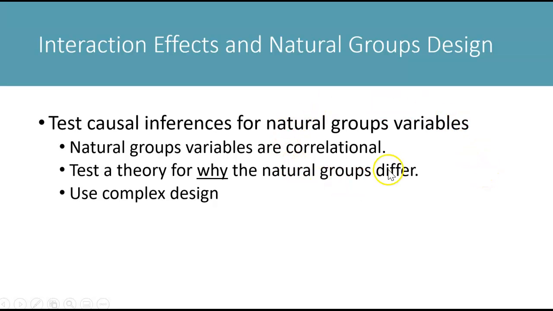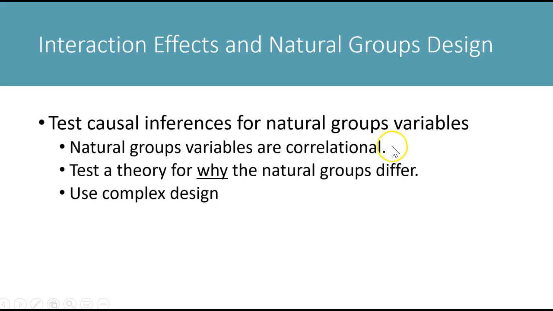Now, your authors use this word, and I want you to be careful when you're thinking about it. Natural groups variables are described as correlational in your text, but they're not using the word correlational in the sense of the statistic, the correlation coefficient. They're using it to suggest that, given that you are not randomly assigning people to these naturally occurring groups, you cannot infer cause and effect based on that variable.